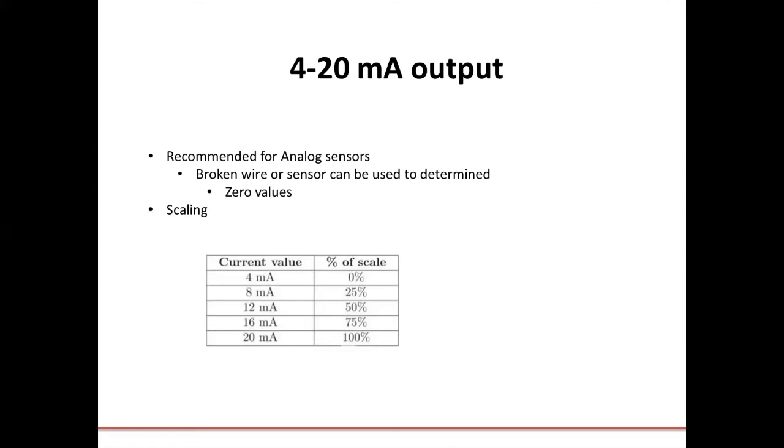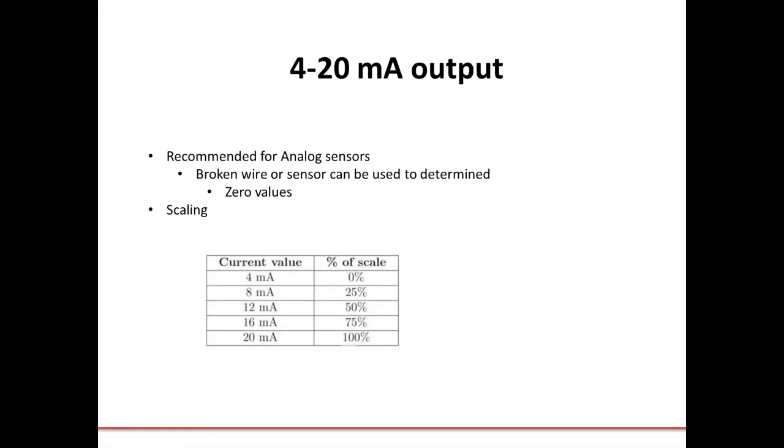So I like to suggest customers use 4 to 20 milliamp outputs and choose sensors with this type if possible. But there are other ranges. Many sensors have choices where you can choose the output type. So this is what I would suggest.